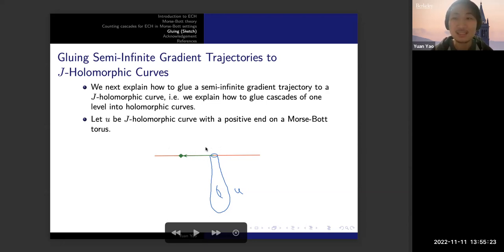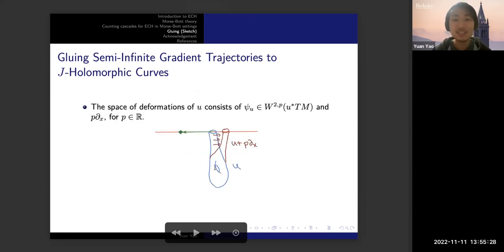For simplicity, let's say it only has one positive end. So let's think about U. It has an end on the Morse-Bott torus. What is its space of deformations? It has two kinds of deformations. One is psi of U, the same kind of Sobolev vector fields along the entirety of U. The other is moving the end along the Morse-Bott torus. Recall that dx is a vector field responsible for moving to different Reeb orbits in the S1 family.